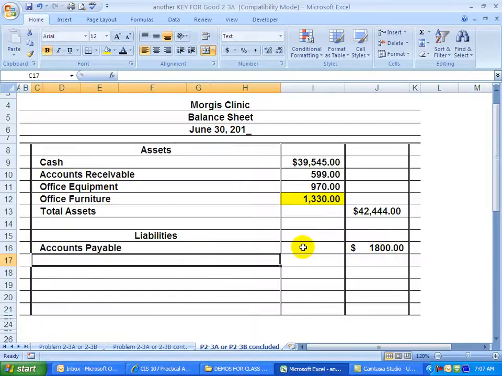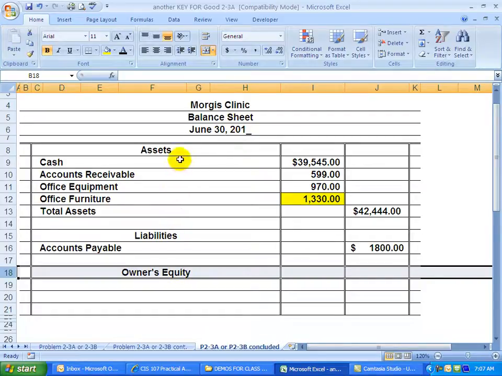If there were more, we would list them here, and then put the total liabilities over here. But there's just one. So that's the only liability account that we have. And so next we're going to skip a line and then write on this line owner's equity. So assets, liability, owner's equity.